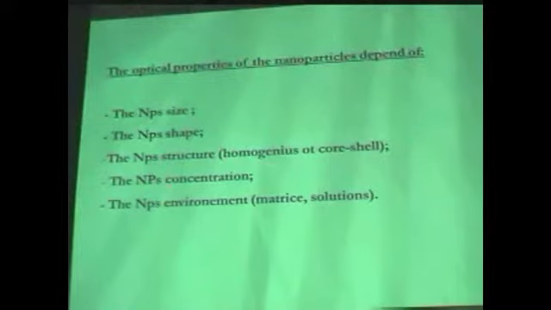Also the nanoparticle concentration and the environment of the nanoparticle, because the optical properties may be changed by the presence of matrices or organic solutions, or even different organic polymers or organic ligands at the surface of the nanoparticles.